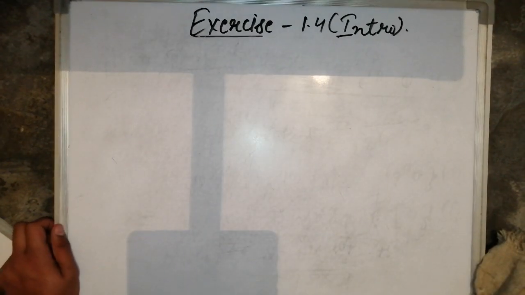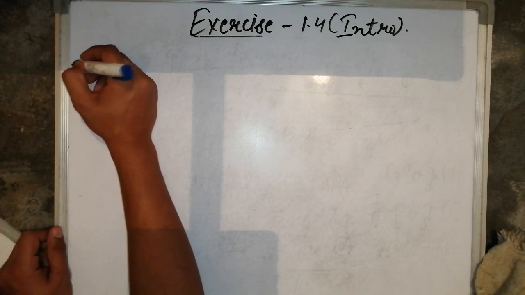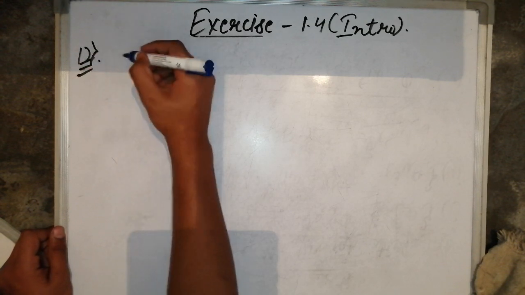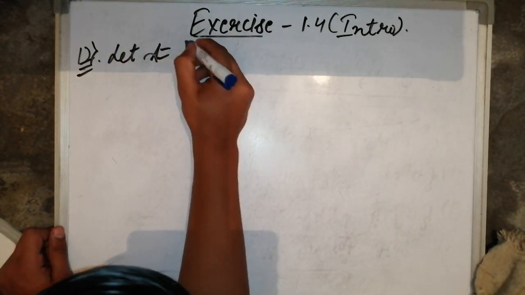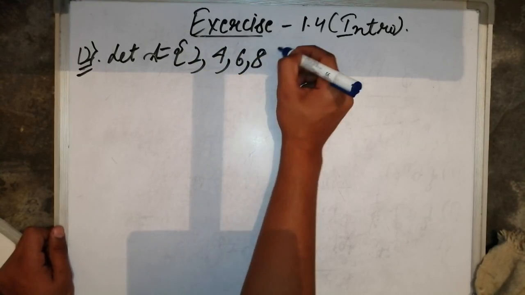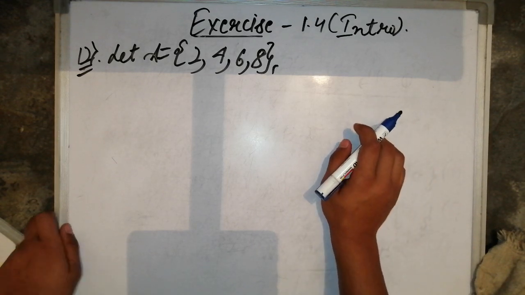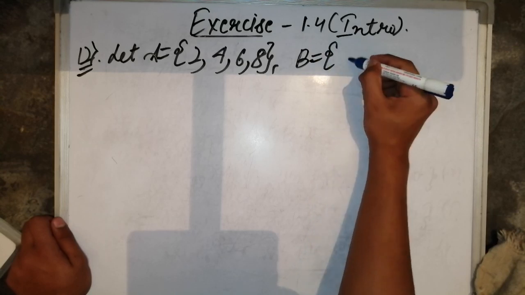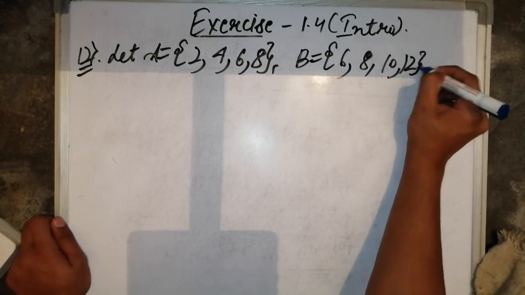Now let's talk about some questions regarding union of the sets. Let's take example number 12. A is equal to 2, 4, 6, 8. B is equal to 6, 8, 10, 12.